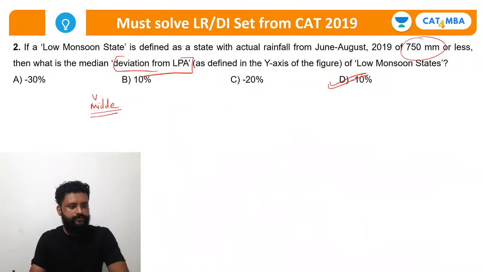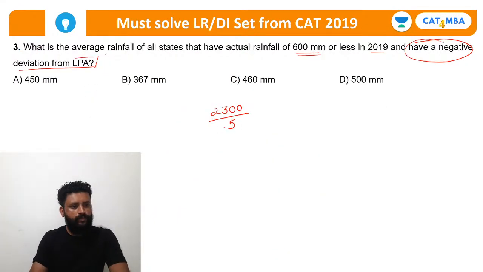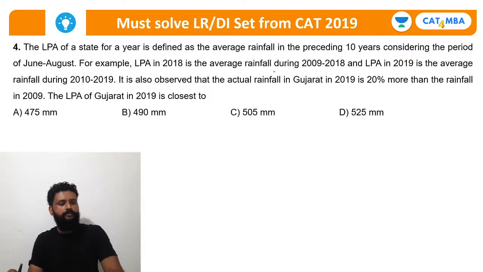There were 5. So you'll get 460 mm, right?